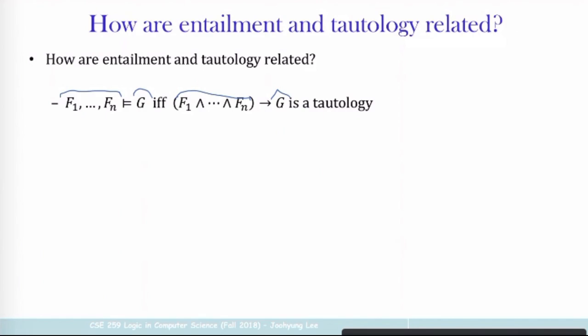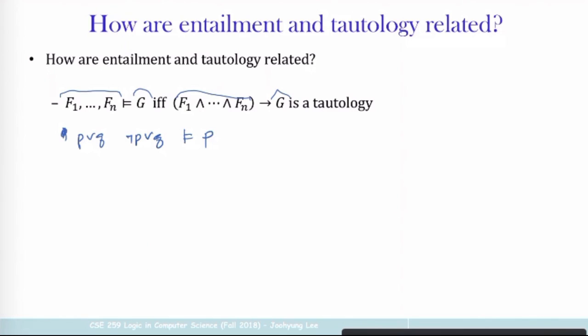So let's look at an example. Let's say we have P or Q and not P or Q. Does it entail P?